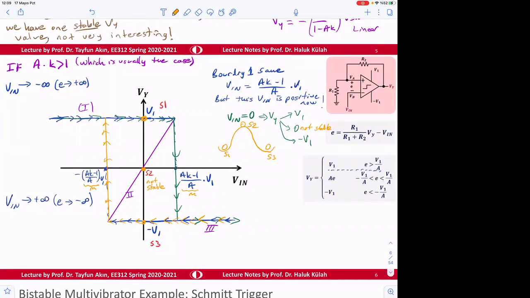Just to summarize, what we did was an interesting connection of this circuit. We connected the output to the plus port, and that was actually a positive feedback.